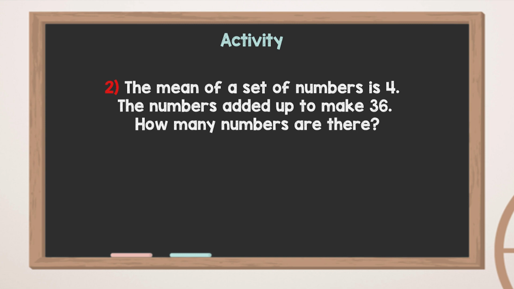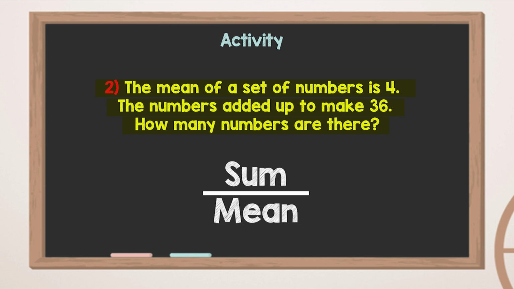Number 2. The mean of a set of numbers is 4. The numbers added up to 36. How many numbers are there? Boys and girls, remember when you have to calculate the amount of numbers or the amount of scores, you use the formula sum divided by mean. Take a minute and get this done.